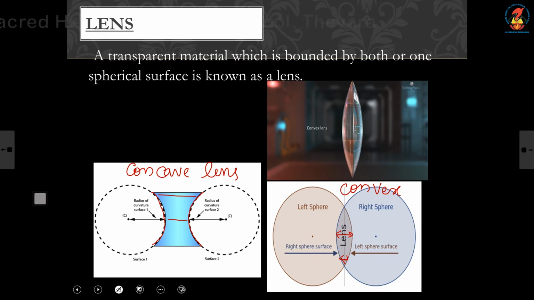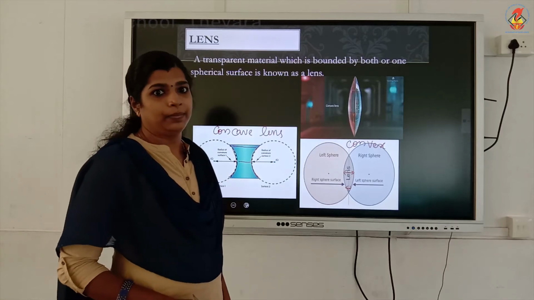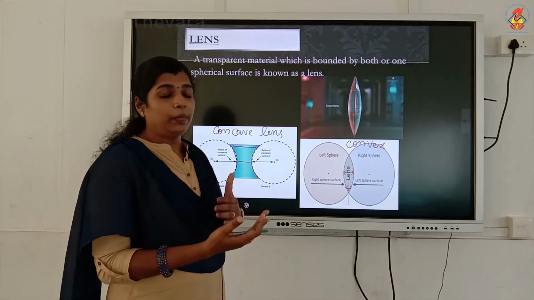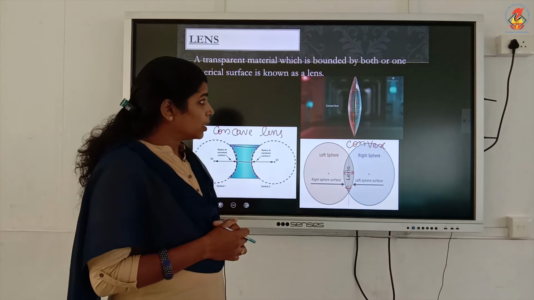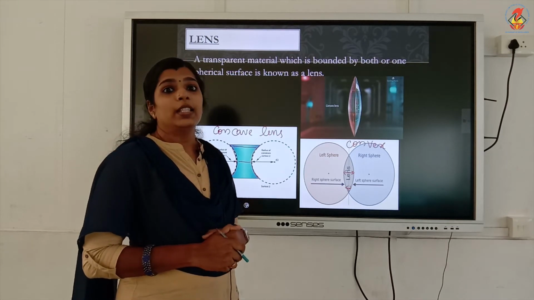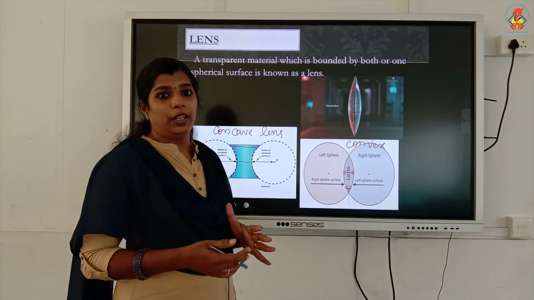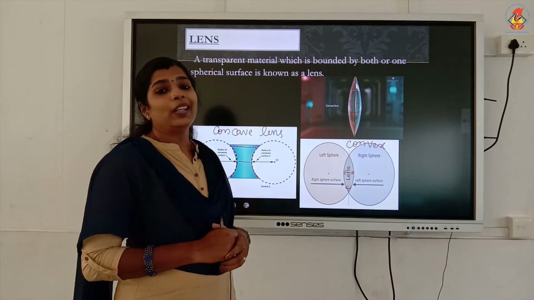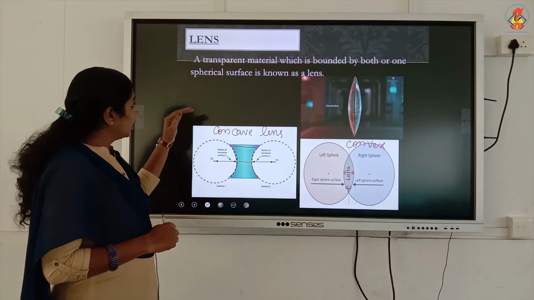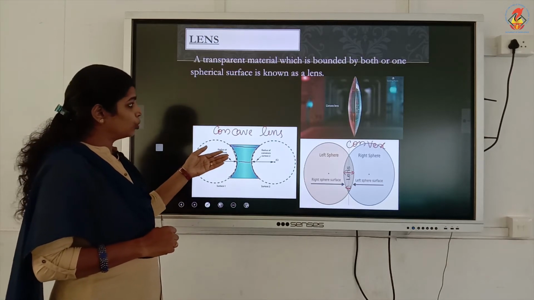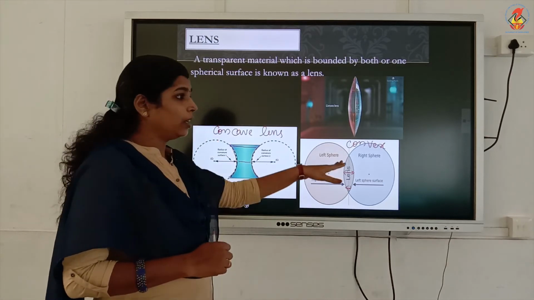This is a diagram of a convex lens, how it looks. It is a transparent material, and light will pass through it. When light passes through lenses, the light ray bends and changes direction. So we can divide lenses into two: concave and convex.